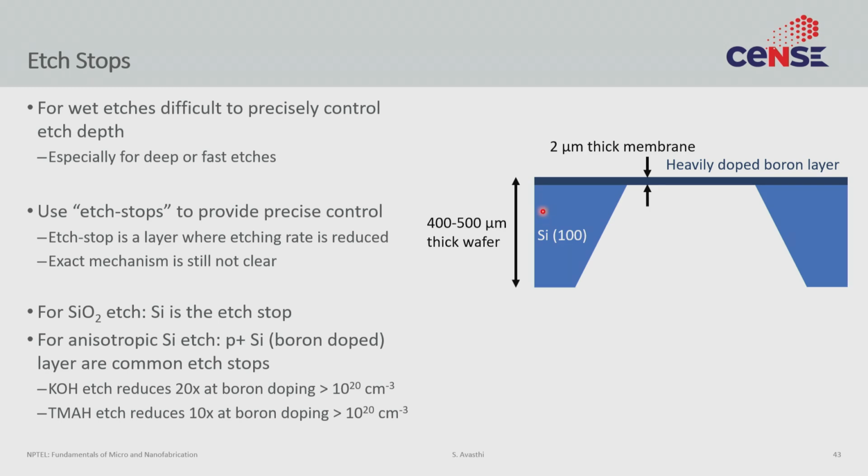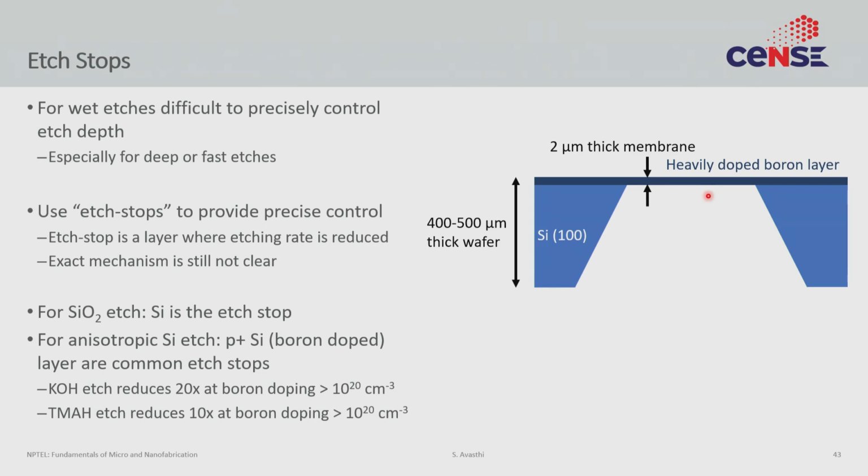So instead of just trying to time an etch and etch precisely the same depth, what you try to do is create an etch stop. Let's take the case where we want to create a 2 micron thick membrane. One student tried the timing approach. Canonically, the etching rate is, say, 6 microns an hour, but say it has a variation of, I don't know, 10%.